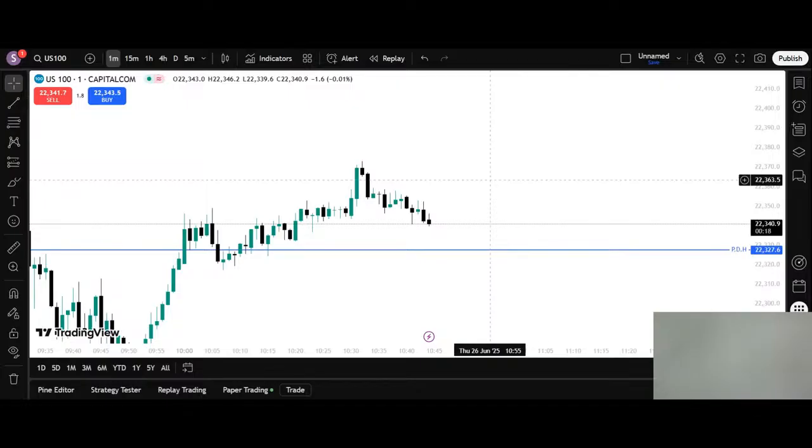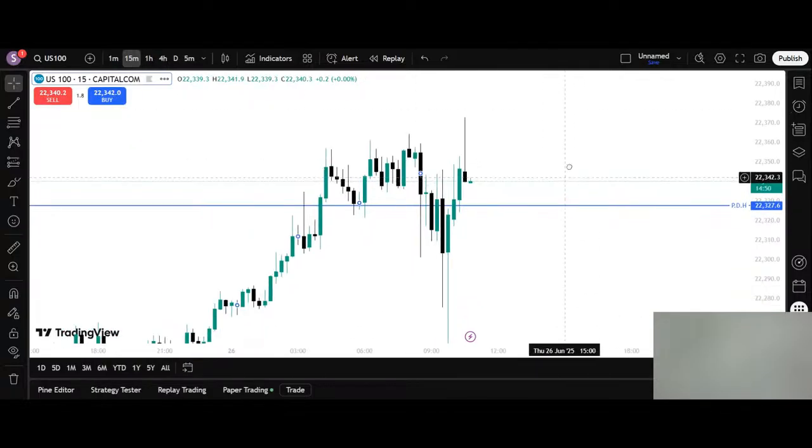20 seconds left for the 15-minute candle to close. Okay, it kind of has closed.